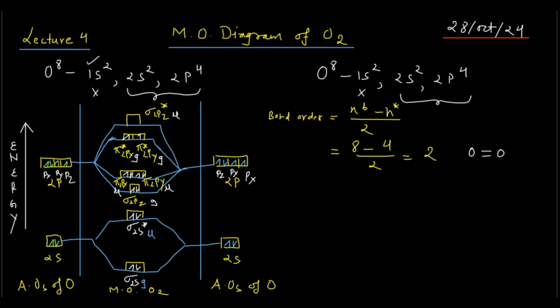And then you can go for the magnetic properties of the oxygen. So I am writing magnetic properties. And you know, in the molecular orbital diagram, when you have all paired electrons, then your species is diamagnetic.